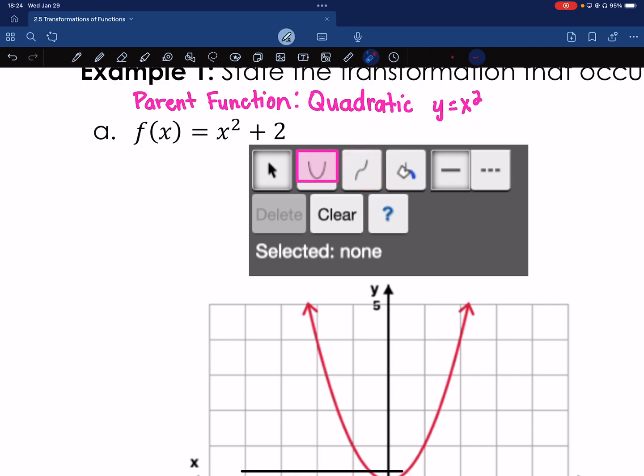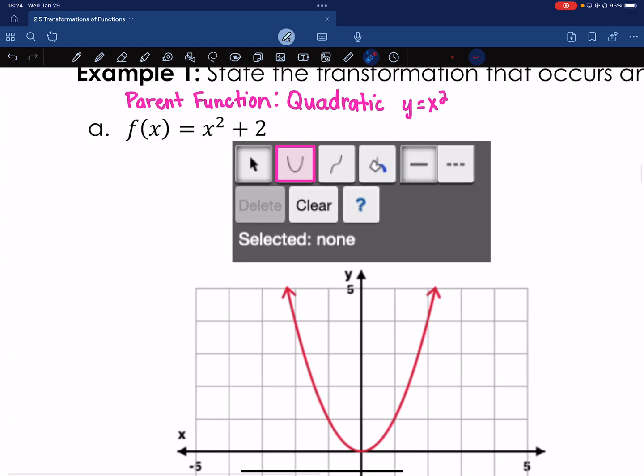But since it's to the 2nd power, you're going to pick this one right there. And once you select which function you want, something else you need to make sure of is that you have a solid line. You won't need the dotted line for a little bit. So make sure you have the solid line and the quadratic as your 2.